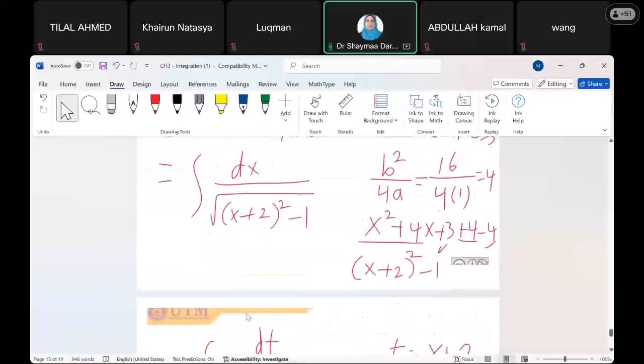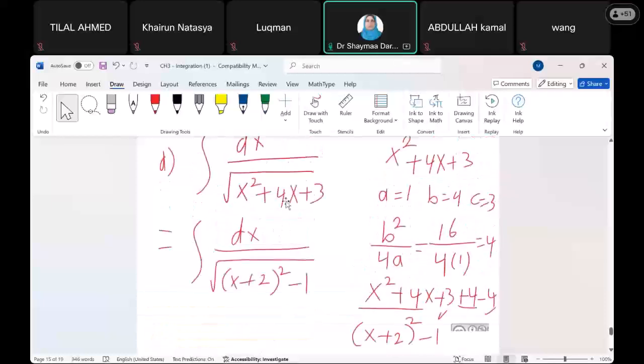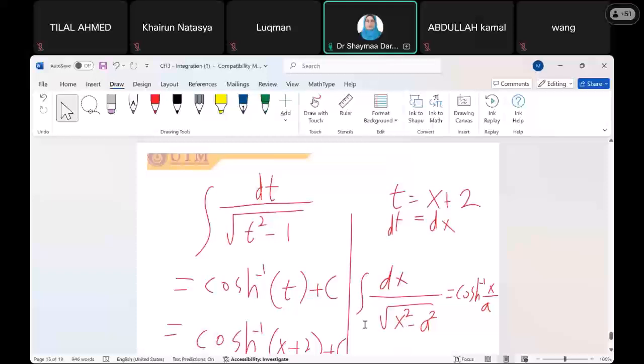Or you can use substitution. The most important thing is that to apply the formula, you should have a constant here, a quadratic equation without x. So if you have x, you have to complete the square. After you complete the square, then you can apply the formula.